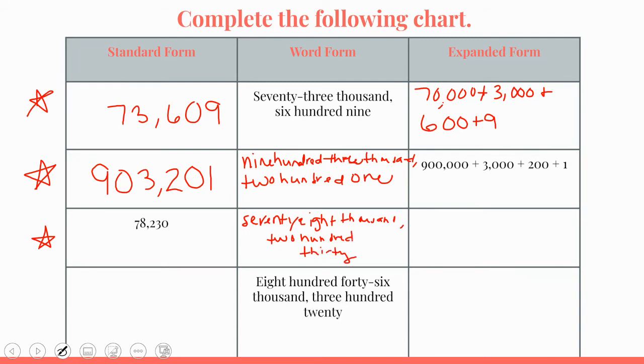And then I'm going to put it in an expanded form, one place value at a time. So I have my 70,000, because there's a 7 in the 10,000s. Then I have an 8 in the thousands. Then I have a 2 in the hundreds, and a 3 in the tens, and nothing in the ones. So 70,000 plus 8,000 plus 200 plus 30.